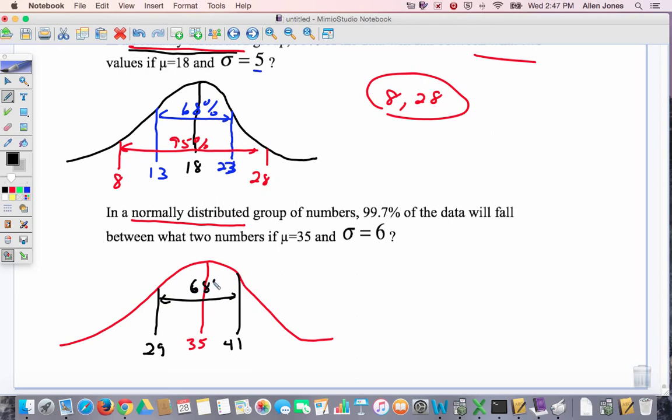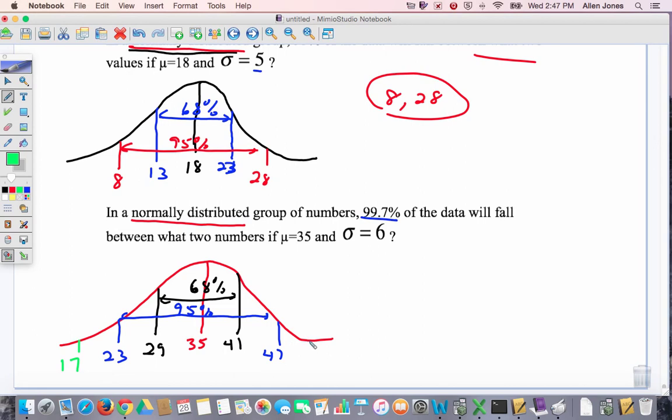Or down one standard deviation, 35 minus 6 is 29. That's where we have 68% within one standard deviation. We'll go down another standard deviation, so 29 minus 6 is 23. Or up another standard deviation, 41 plus 6 is 47. Between those two numbers, we have 95%.